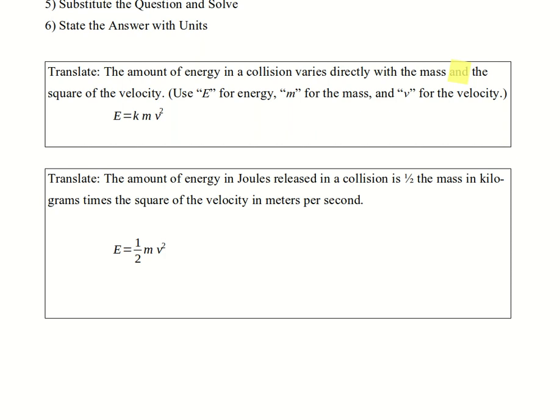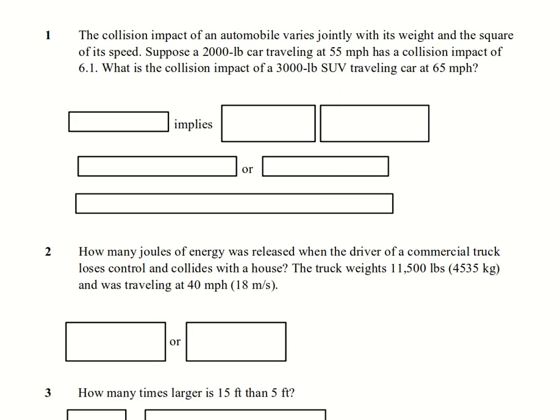The 1/2 comes from integrating, that is, finding all those instantaneous amounts of energy. So E equals 1/2 mv squared. If we're using metric measurements, that is kilograms and meters per second, we don't have to go through the process of finding k.